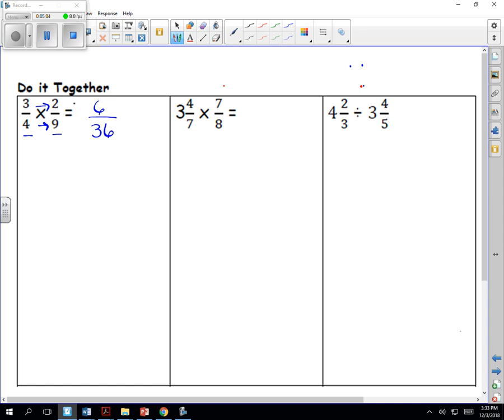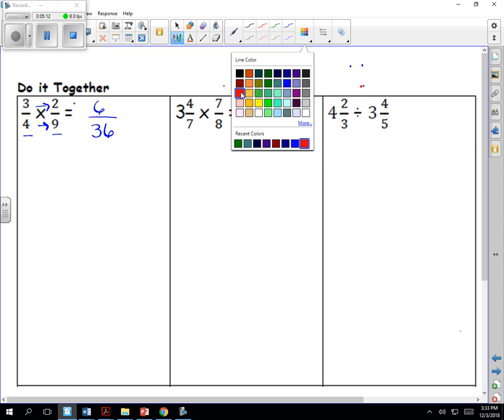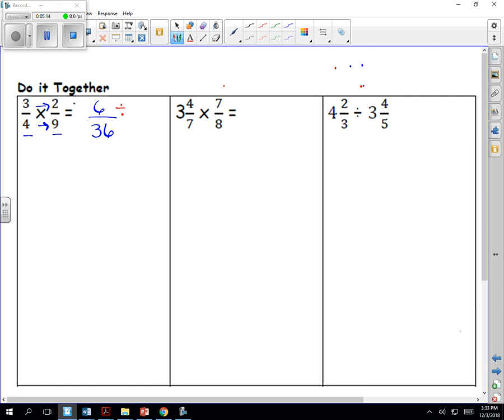Now, you should notice right away that both of these numbers are even. So they do have at least 2 as a common factor, but the greatest common factor is going to be 6. So we're going to divide the top by 6 and the bottom also by 6, and then that's going to give me 1/6 is my final answer.